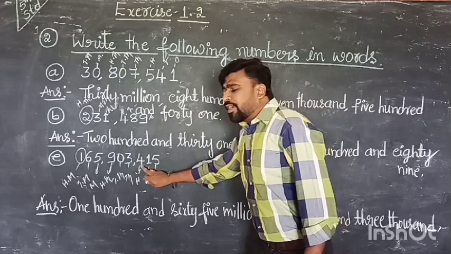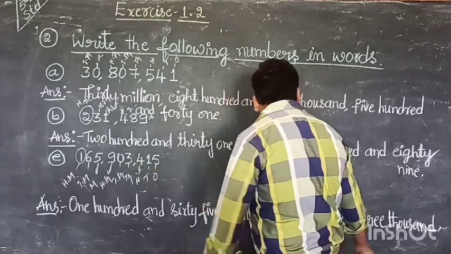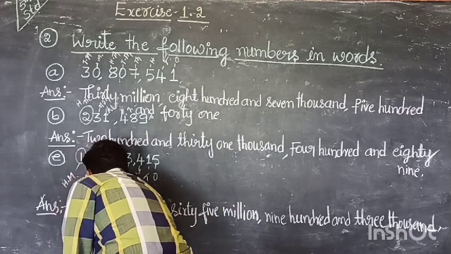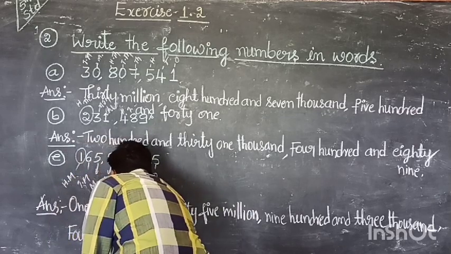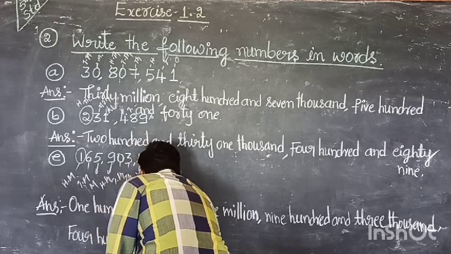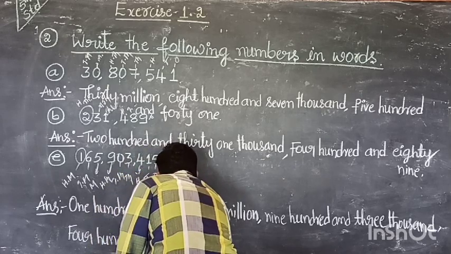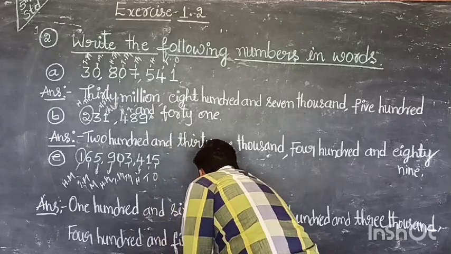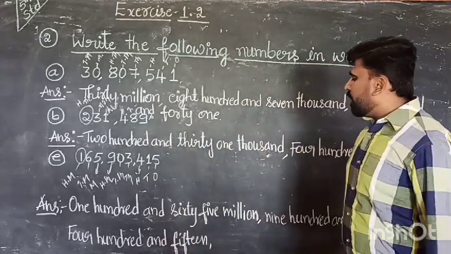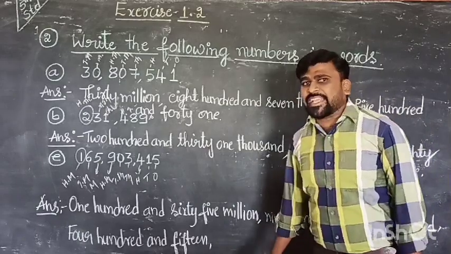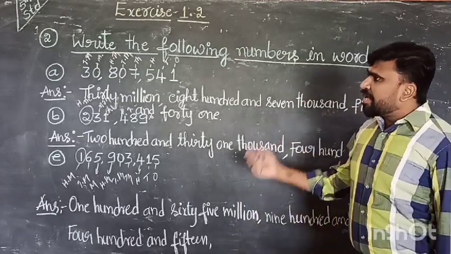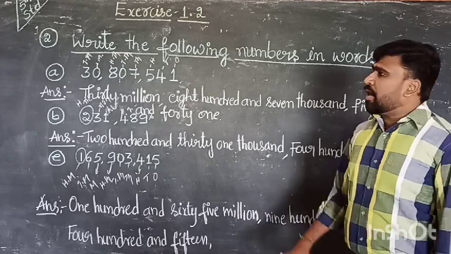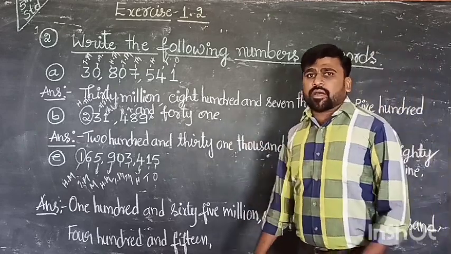Last, 400 and 15. 415. Clear? Like the remaining problems, you have to complete them in the HWO and neatly copy to your CWO.